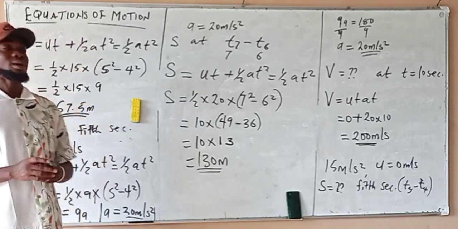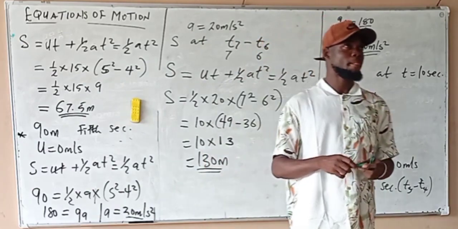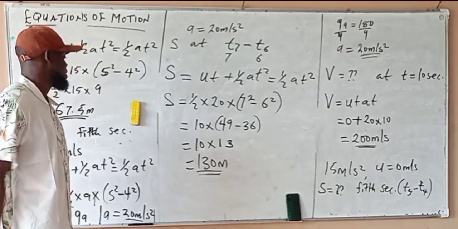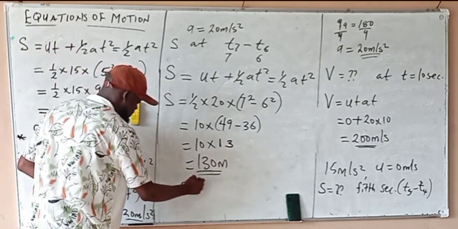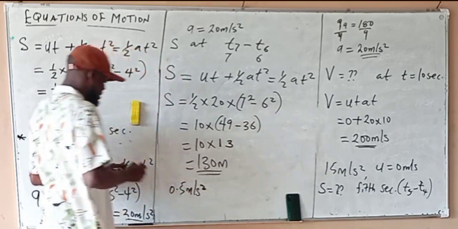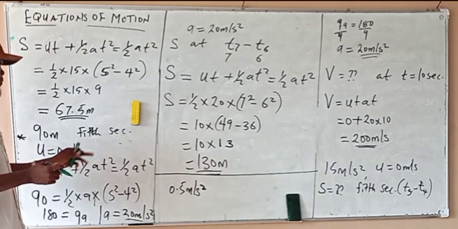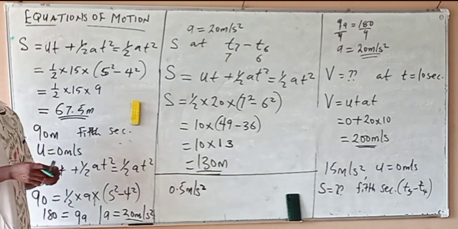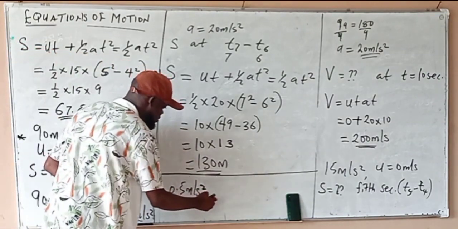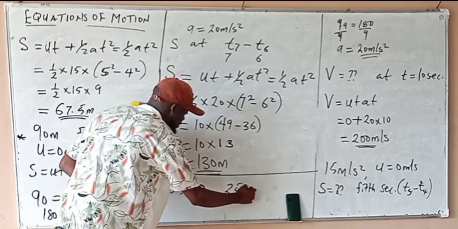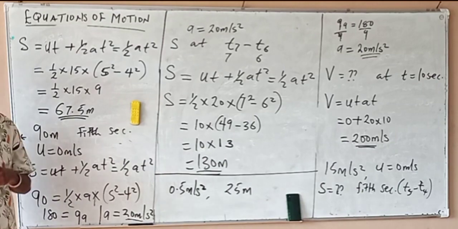Now, let's look at this question. A body starts from rest with an acceleration of 0.5 meters per second squared and covers a distance of 25 meters.